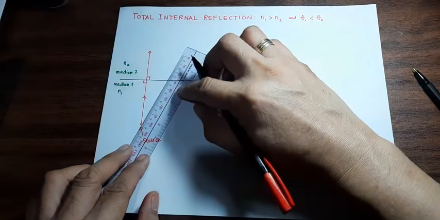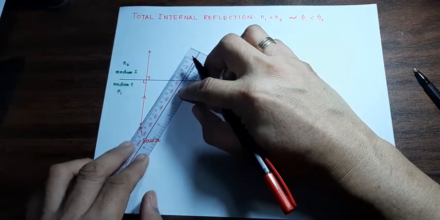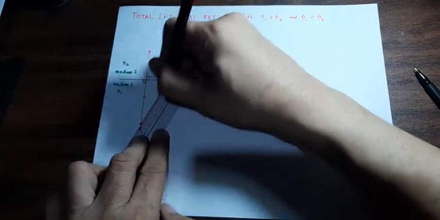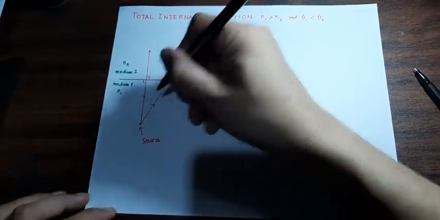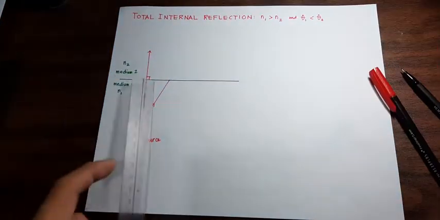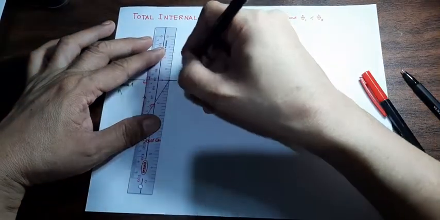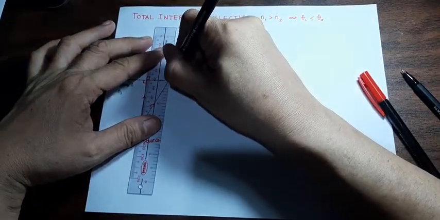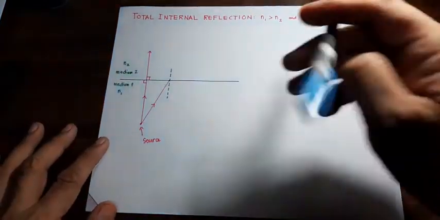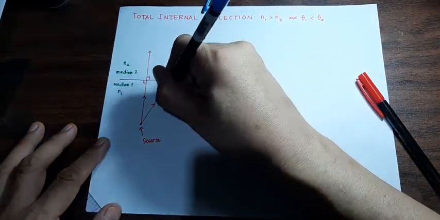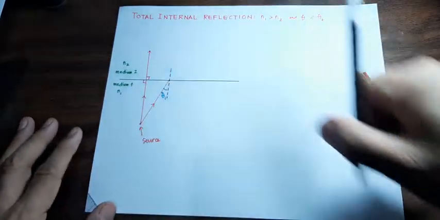Now, if the incident ray enters the second medium at an angle, like that, so this is the incident ray, and we can draw here the normal, and this is the angle of incidence, angle 1.